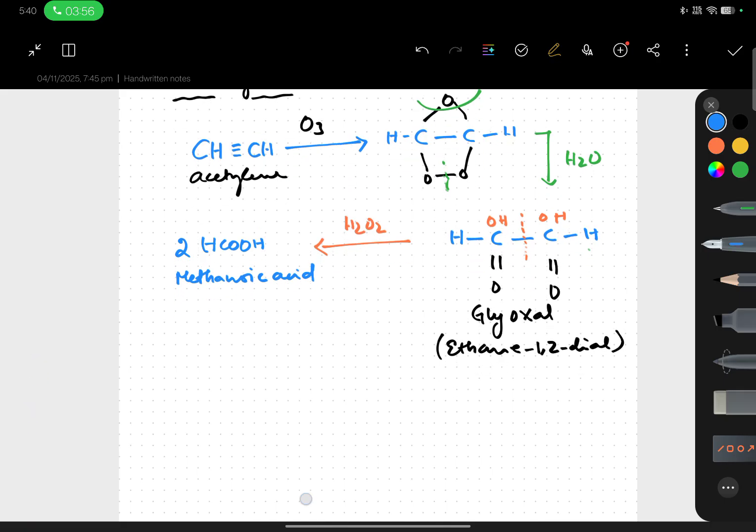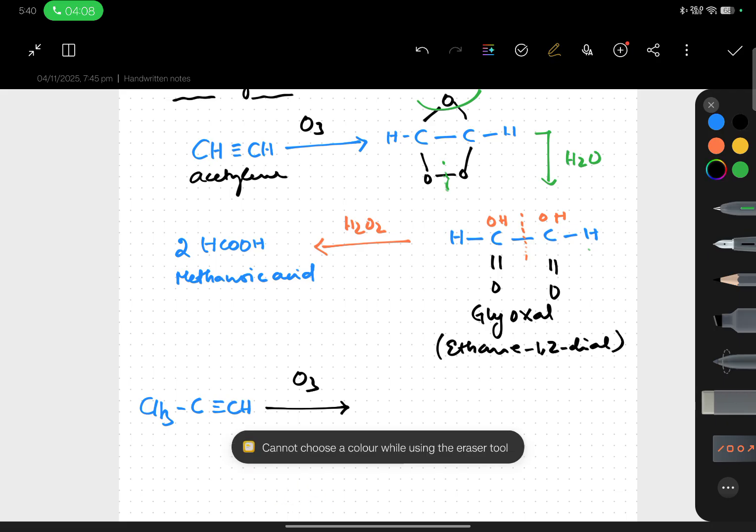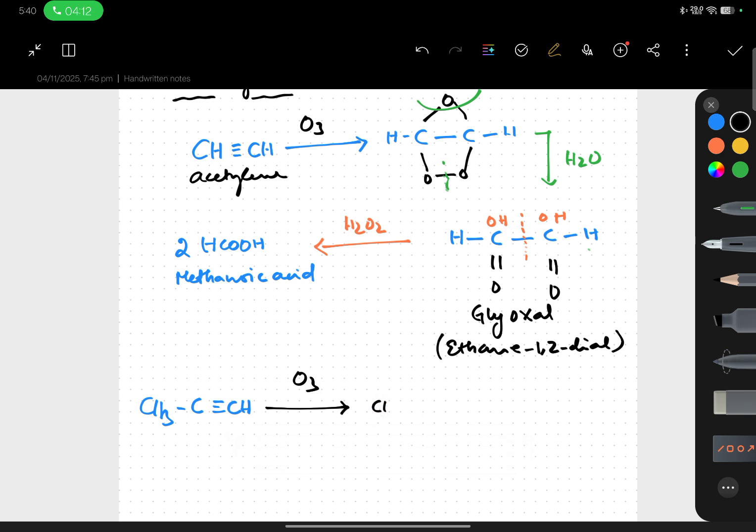Similarly, take another molecule called propyne and treat it with ozone. So what will you get? CH3C single bond CH.